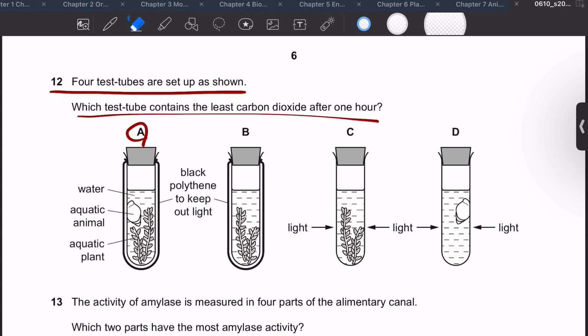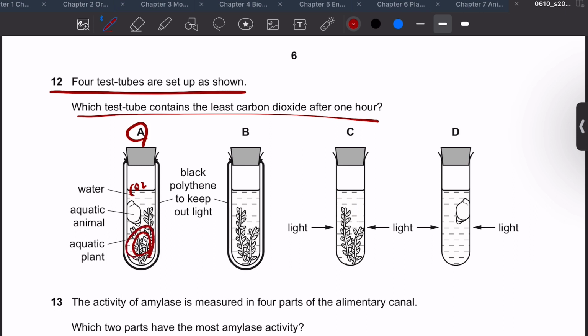So, which means they can respire because they're living things. They both respire to produce CO2. However, plants should photosynthesize and use carbon dioxide for the photosynthesis. But in this case, it's actually covered by black polythene to keep out the light.